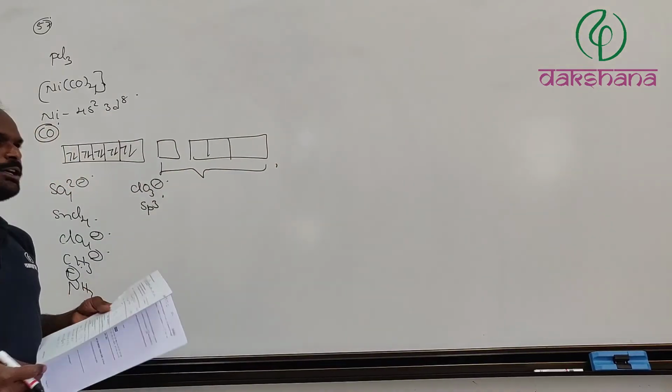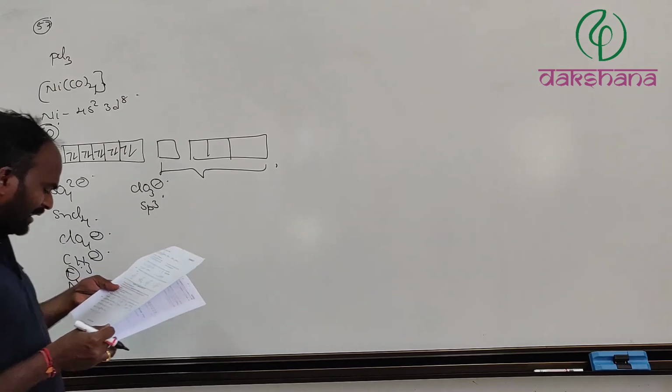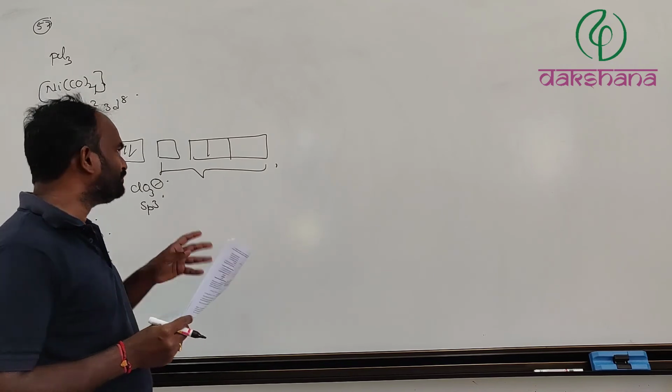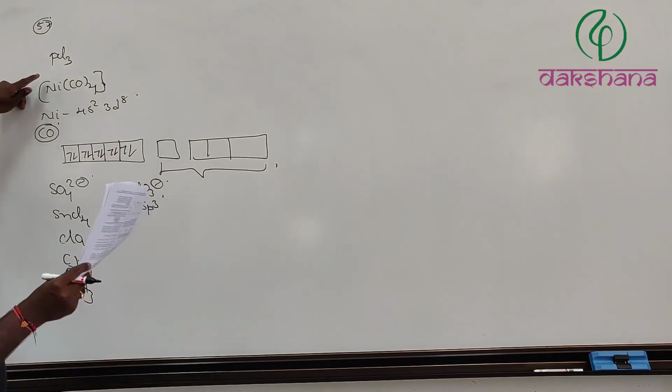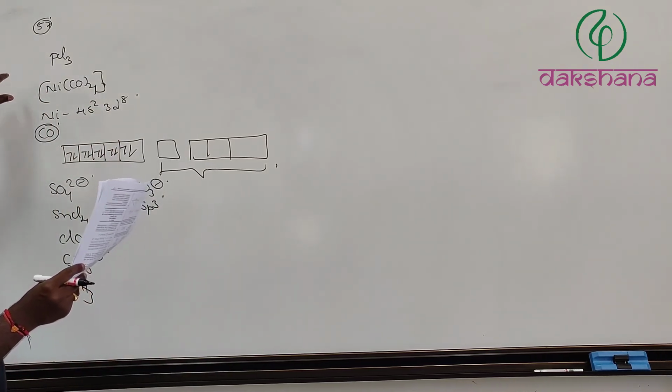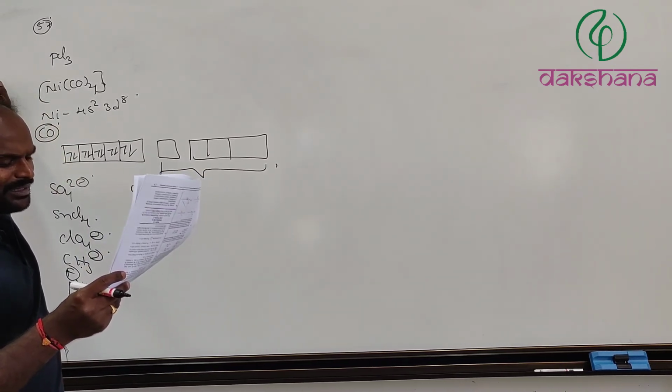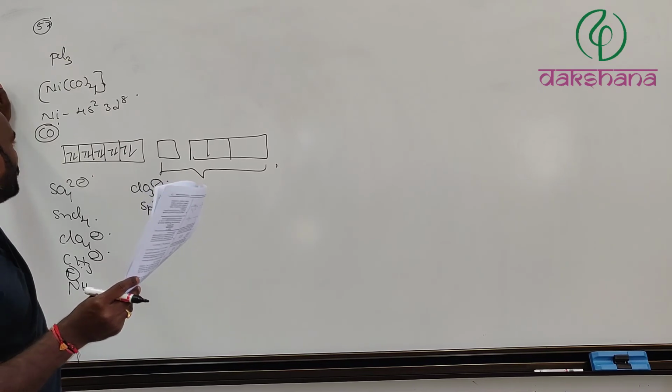Nickel tetracyanide complex 2 minus, here you have to be really careful. Nickel tetracarbonyl is different, but this is the 2 minus complex. Here nickel oxidation state could be plus 2.